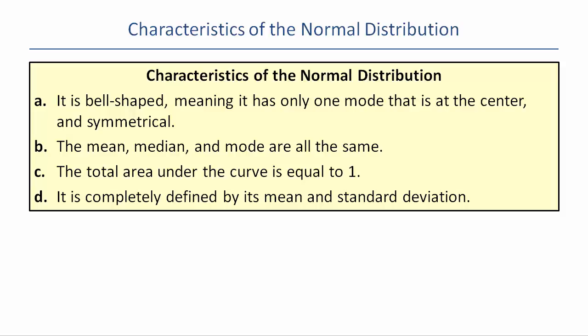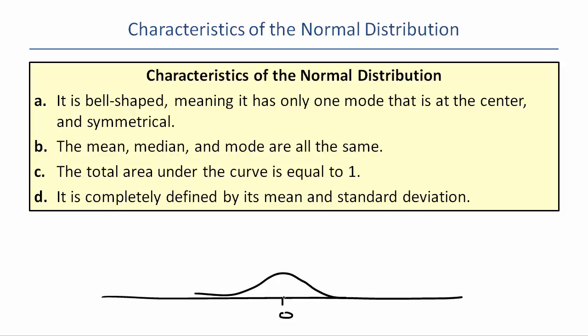So a normal distribution being defined by its mean and standard deviation just means that that shape can be anywhere on a number line, right? It doesn't have to be centered at 0, which is what we call the standard normal curve. So the standard normal curve is centered right here in the middle of the number line. The average is right here at 0, and its standard deviation is equal to 1.